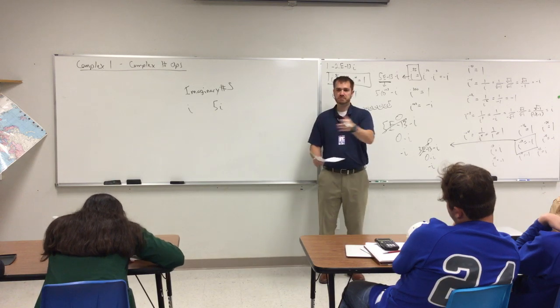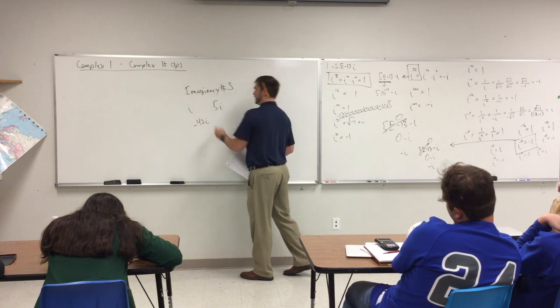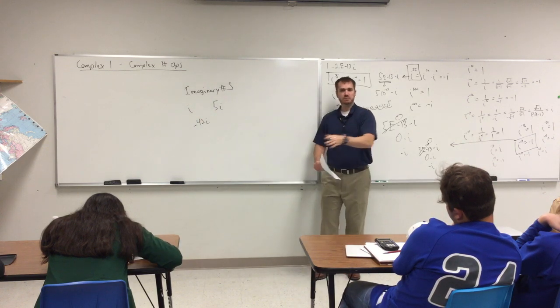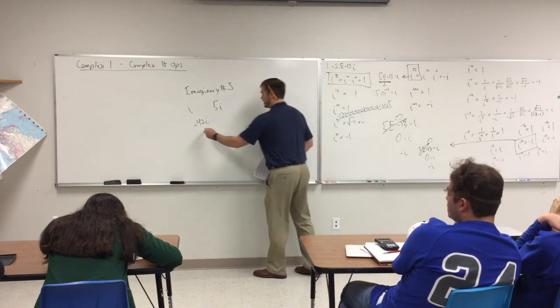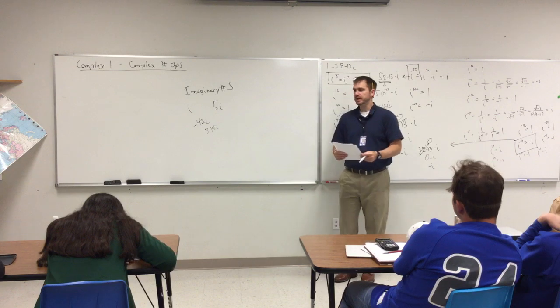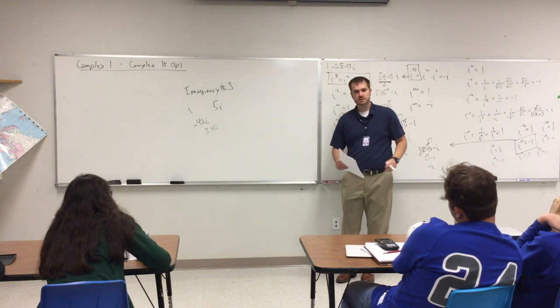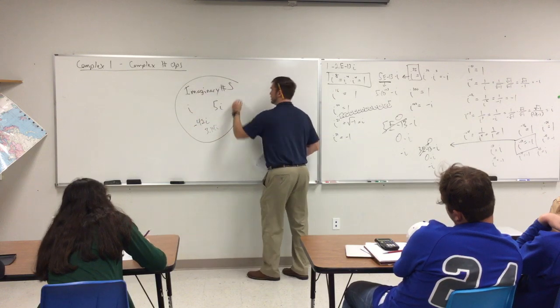It would be. It's 5 times i. What about negative 42i? Just take negative 42 times i. It's imaginary. We could have 3.14i. All of those make up what we call imaginary numbers.